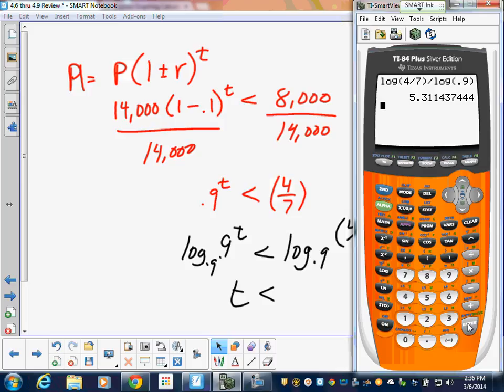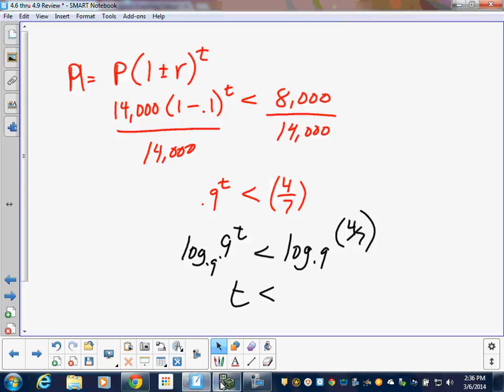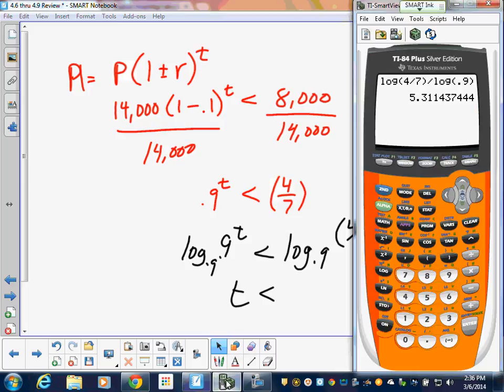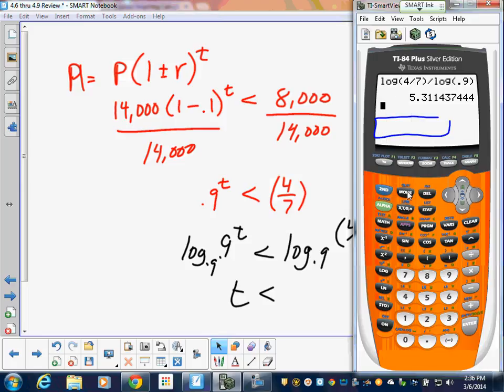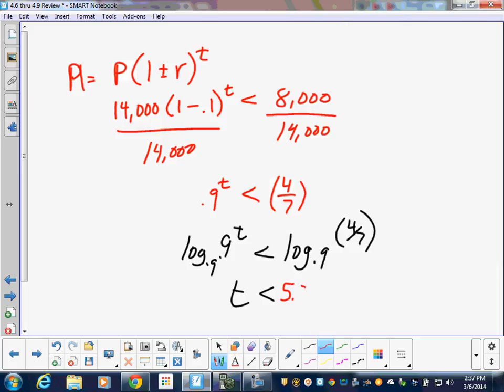So somewhere between year 5 and year 6, according to the model, this thing should get down. Look, here's 5, 8,000. Here's 6, 7,000. So somewhere in between these 2 years, more specifically, it's 5.31 years. So less than 5.31.